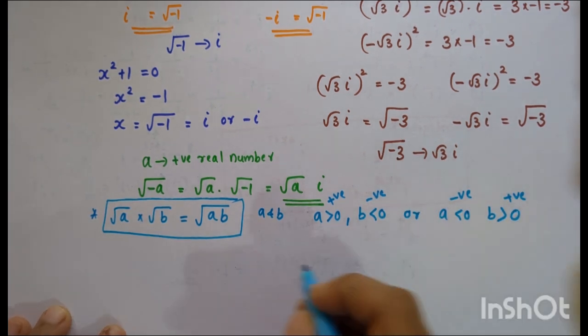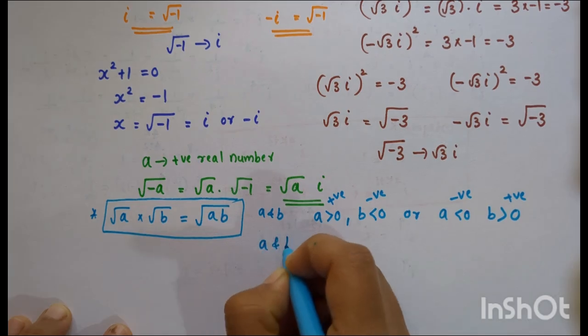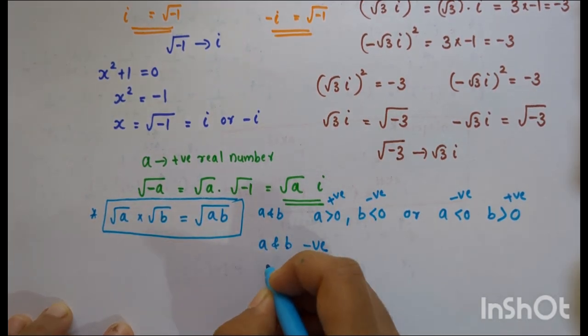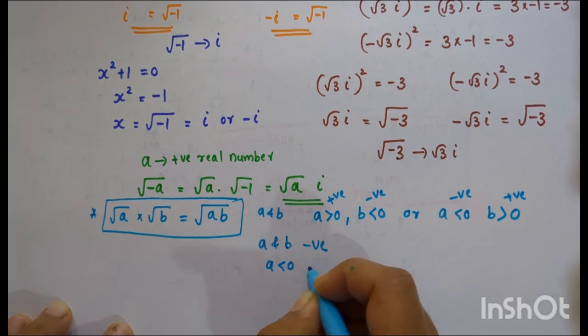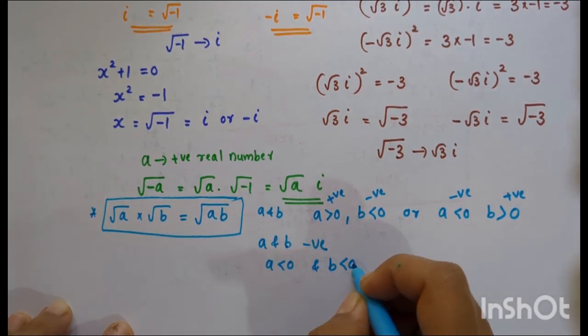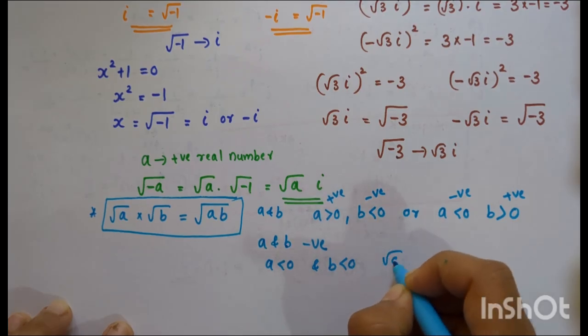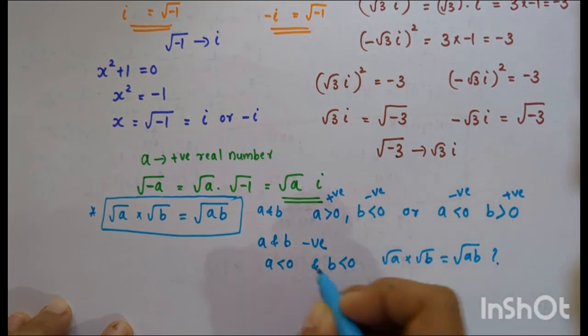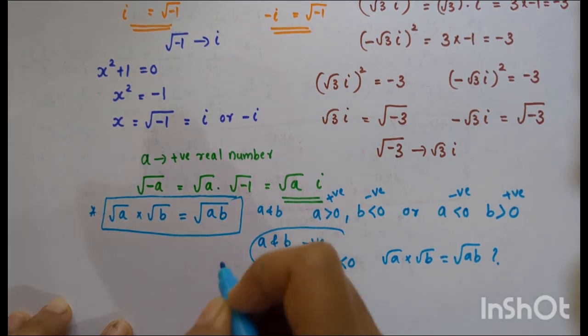See, if both a and b are negative real numbers, that is a less than 0 and b also less than 0, then can we write root a into root b as square root of ab? Is it true in this case? Let us check.